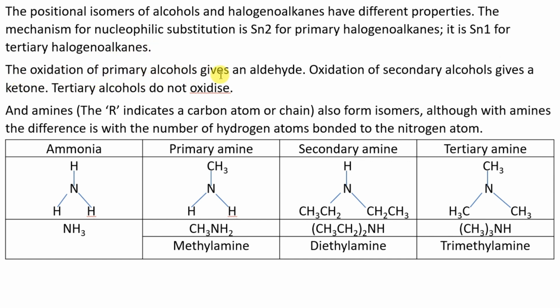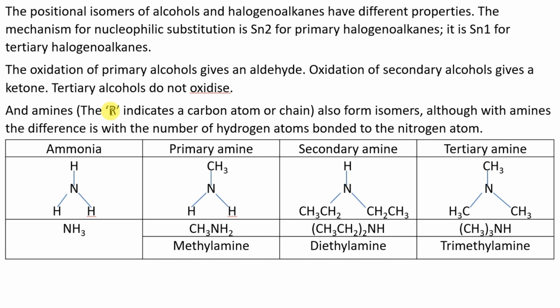Oxidation of primary alcohol gives an aldehyde. Oxidation of secondary alcohols gives a ketone. Tertiary alcohols do not oxidize. Again, more detail on that. I'll be doing a separate presentation on alcohols and halogenoalkanes.